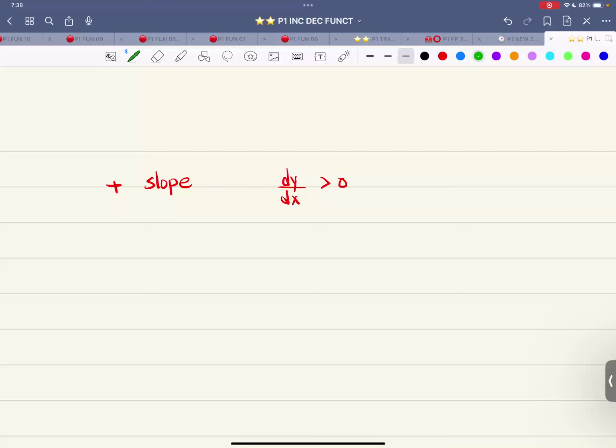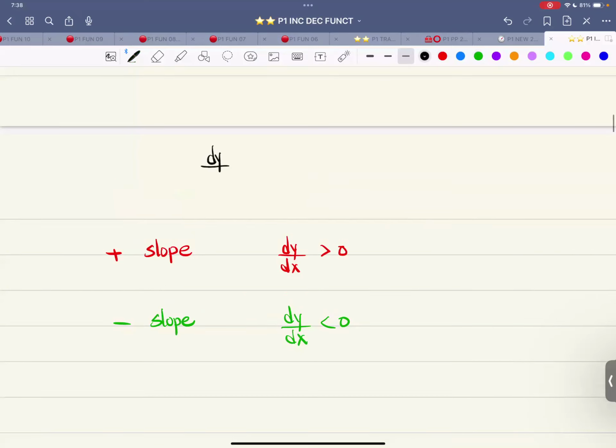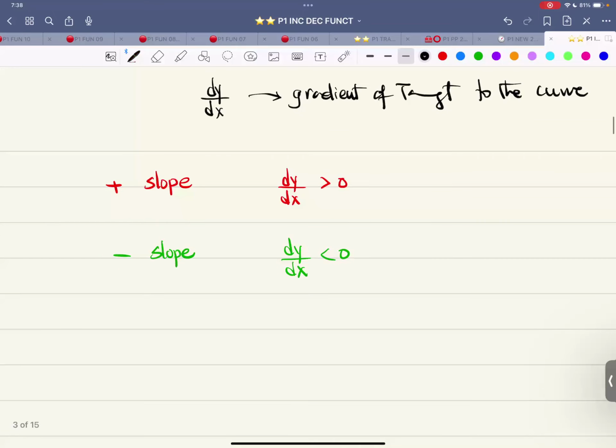If there is a negative slope, this means that dy by dx is less than 0. Why? Because dy by dx is gradient of tangent to the curve. So positive slope, dy by dx greater than 0. Negative slope, dy by dx less than 0.